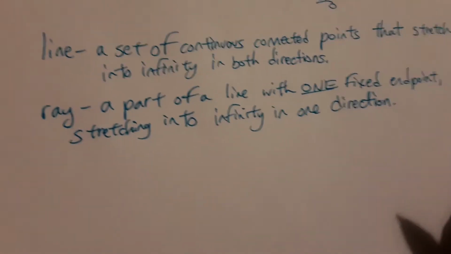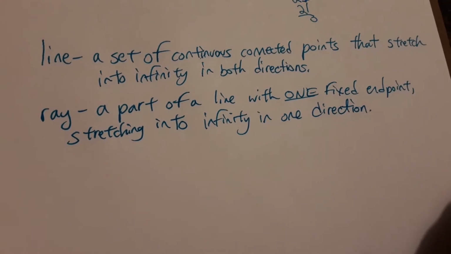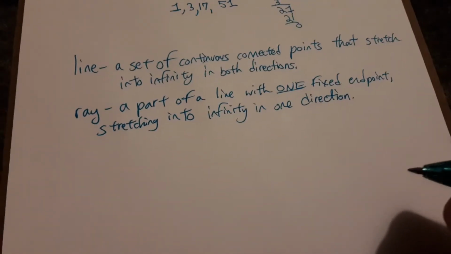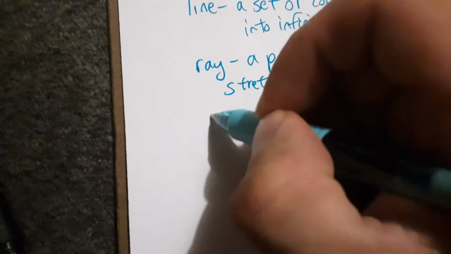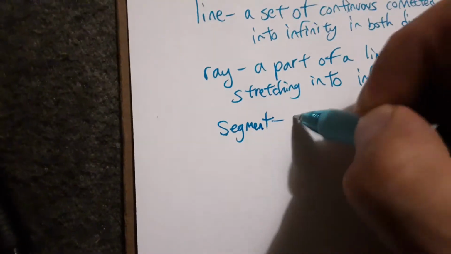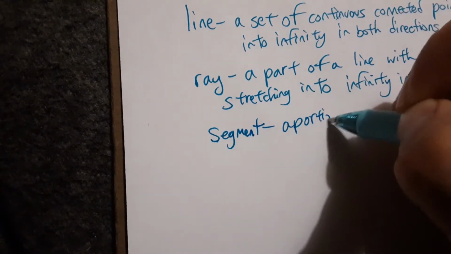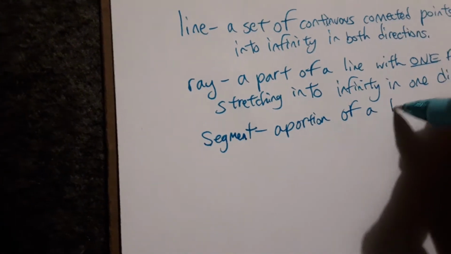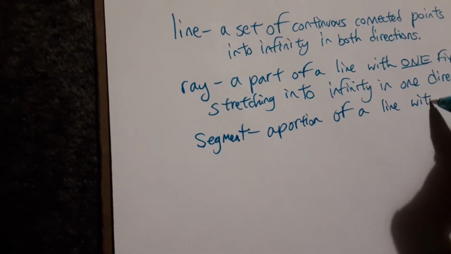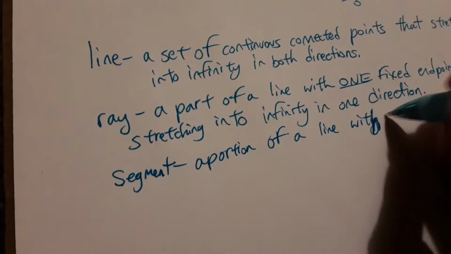Okay. So a ray is a part of a line with one fixed endpoint that stretches into infinity in one direction. A segment is a portion of a line with 2 fixed endpoints. Whoops. Help if I learned how to spell, right?